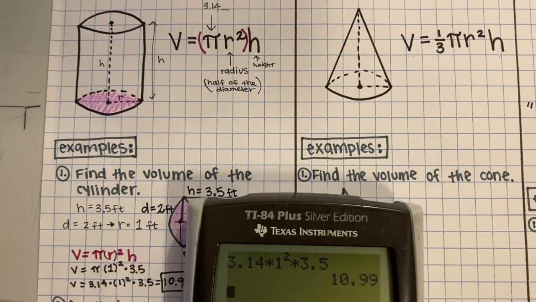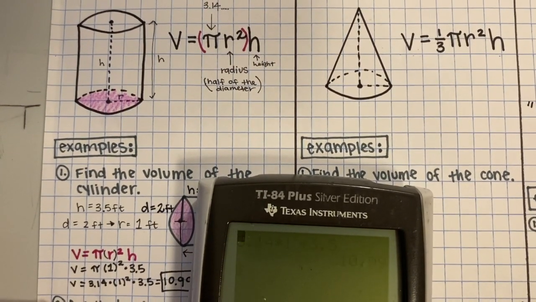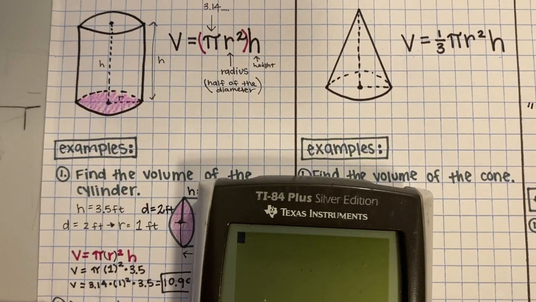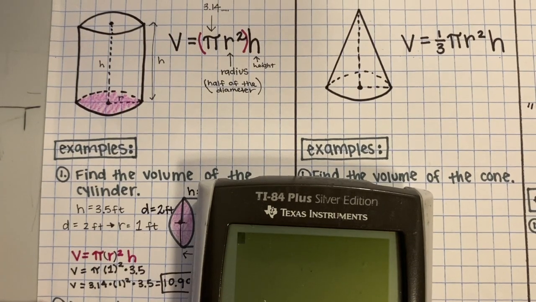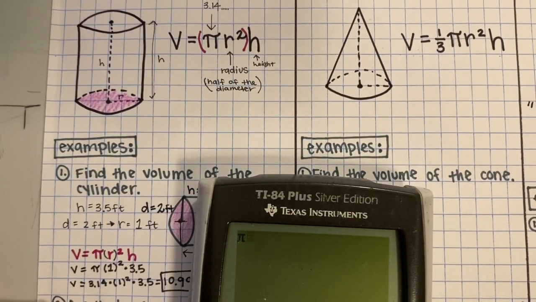If you just leave it as the pi symbol, on your calculator you'll have the pi symbol as an option. My pi symbol is right here and it's blue. So I'm going to touch my blue key and that button.